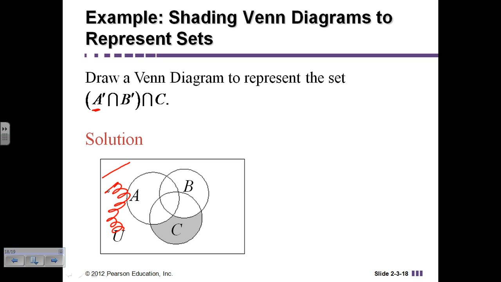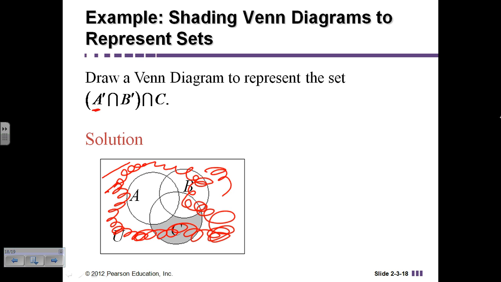I'm going to get a little messier here. The complement of A is all of this part out here in red. Okay. The complement of B, we'll do that in this color blue. The complement of B is all of this part out here in blue.